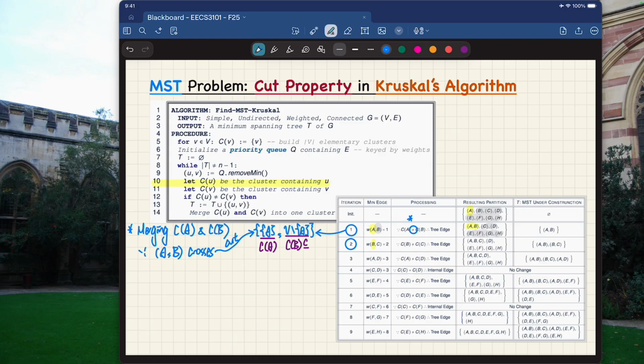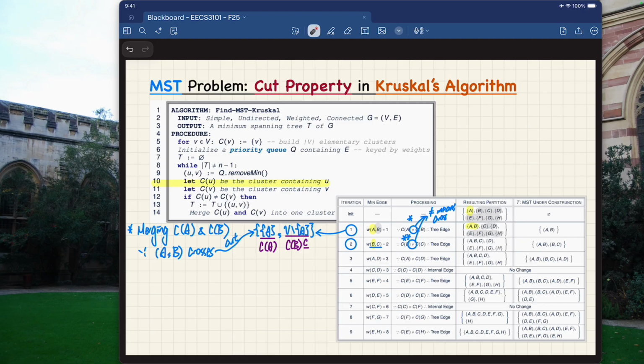Here, because we know that the 2 clusters are different, that means by using BC as an edge, we're going to go from one set into another set in the partition, in the cut. So that means we're really crossing the cut. One very important thing to note: whenever you see the inequality right here, inequality means we are trying to cross.